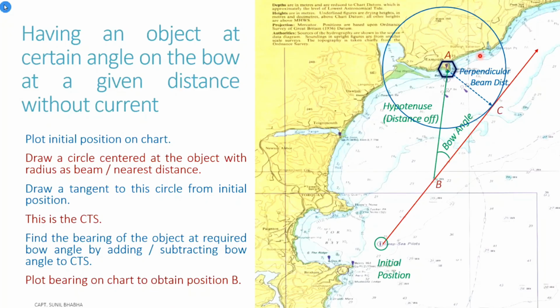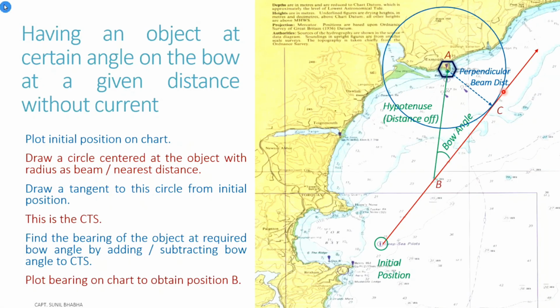So initially we had to calculate the beam distance or the nearest distance from the rough diagram. Once it is calculated, the plot can be made on the chart. And you can now appreciate that it is not possible to do the plotting straight away with the given information. So first find out the beam distance or the nearest distance, and once known, draw the nearest distance or beam distance circle, and from your initial position draw a tangent line.